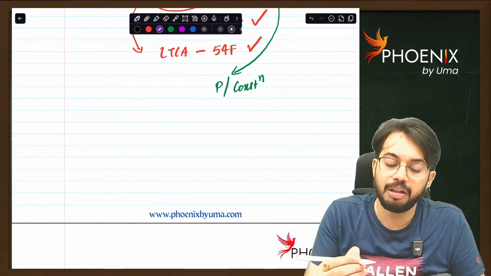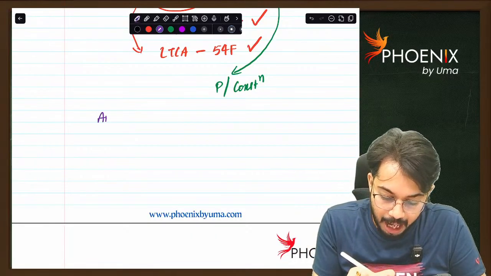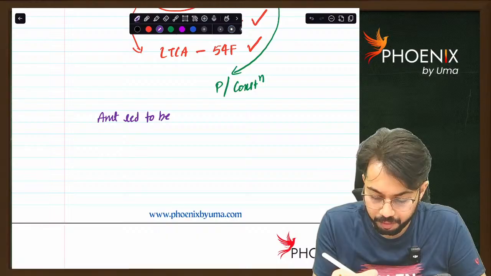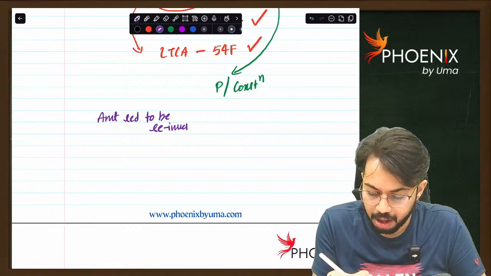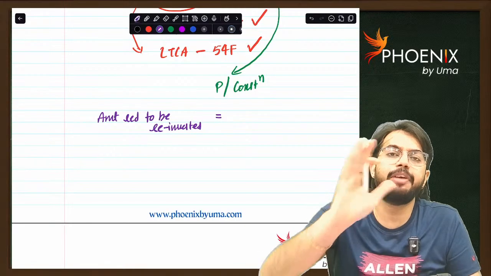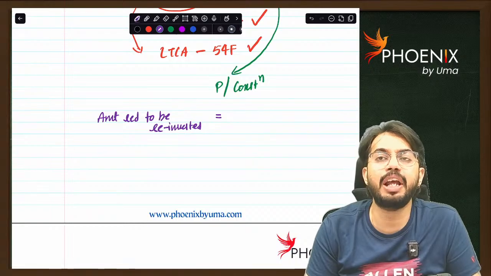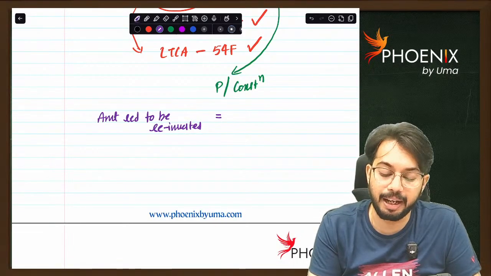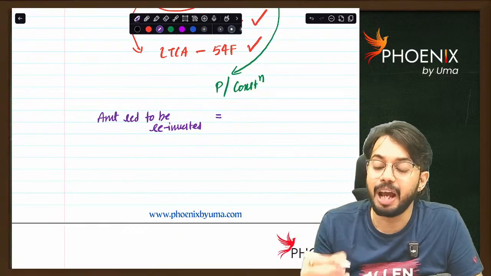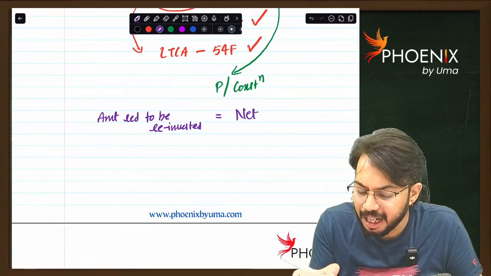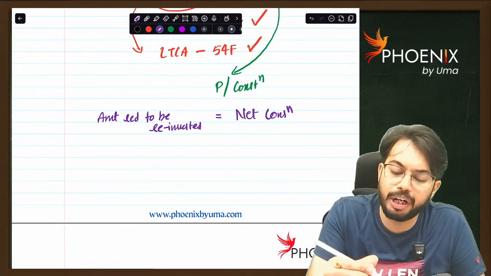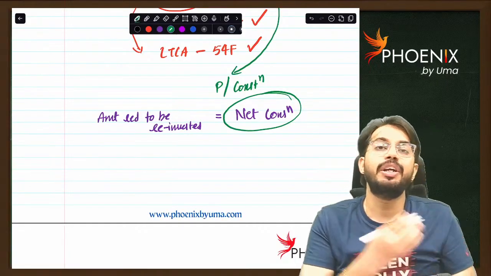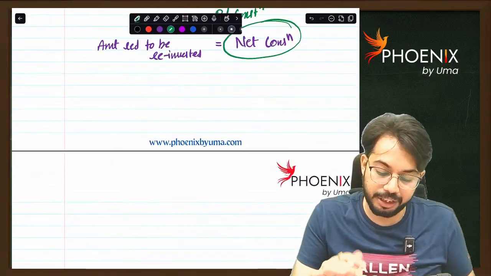Here, change is there. Amount required to be reinvested. As per section 54, 54B, 54D, 54EC, the amount required to be reinvested is gross capital gains. As per section 54F, the amount required to be reinvested is net consideration. So what you need to reinvest is net consideration. Are you able to understand? So here the exemption will change.